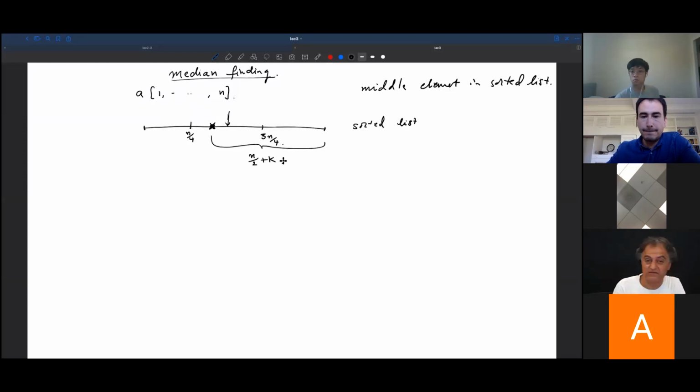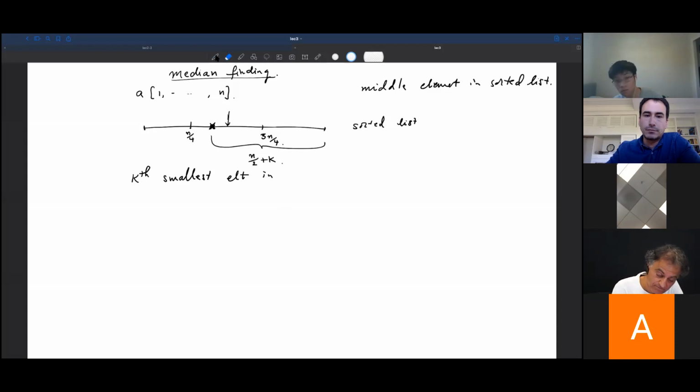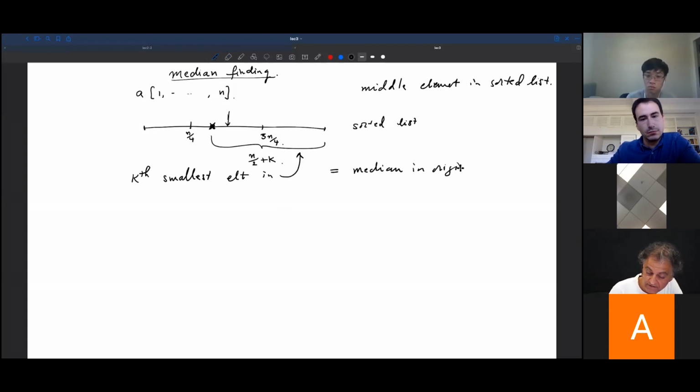So now, instead of looking for the median, I'm looking for the kth smallest element in this list, equal to the median in the original list.